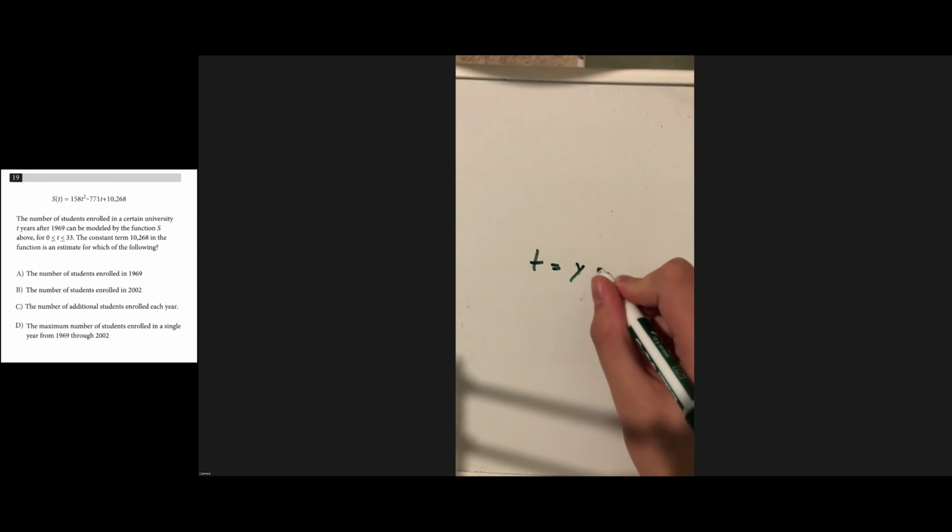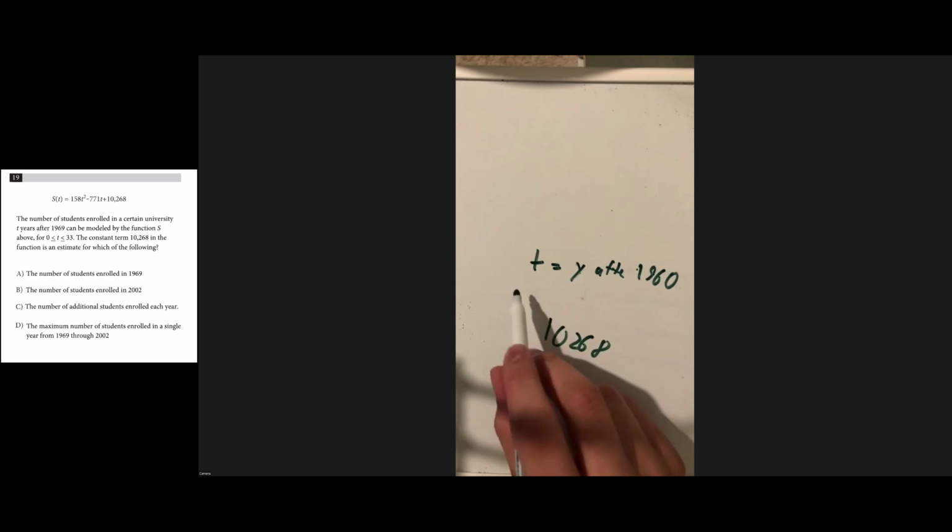And so when we set t equal to 0, we get 10,268. And so that means that this number is equal to the number of students that were enrolled at that time at t equals 0, which means the number of students that were enrolled in 1969, or answer choice A.